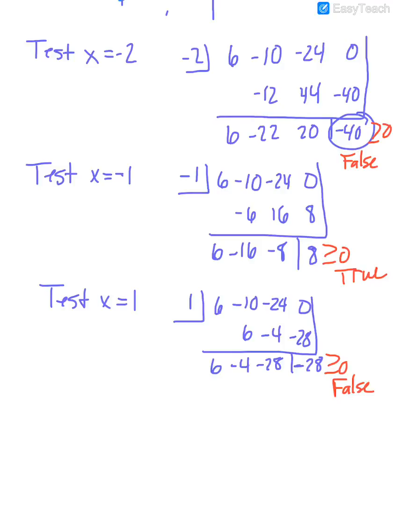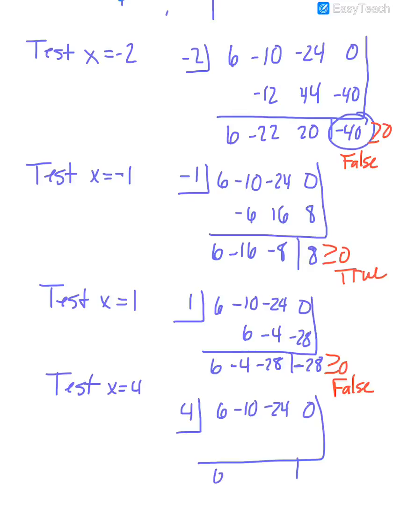So last one, I want to test. There was 4 that I picked. So 4, 6, -10, -24, 0. So 6, 24, 14.